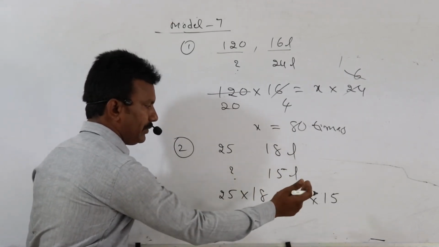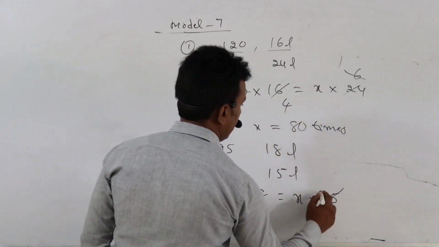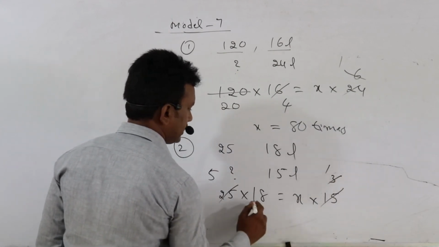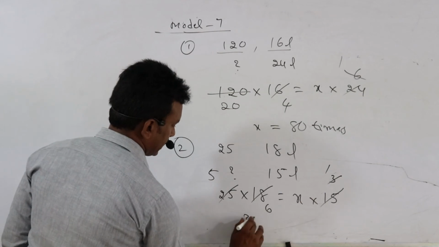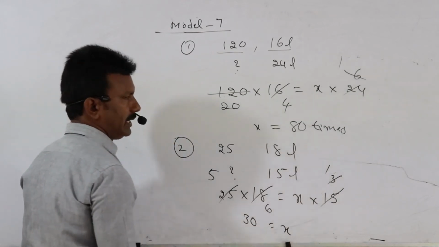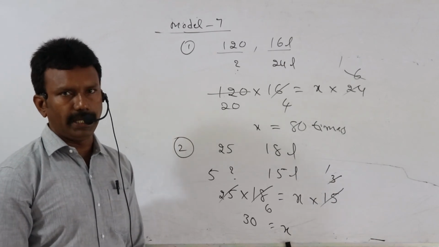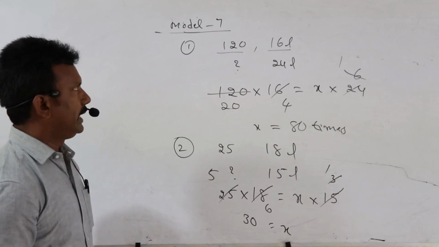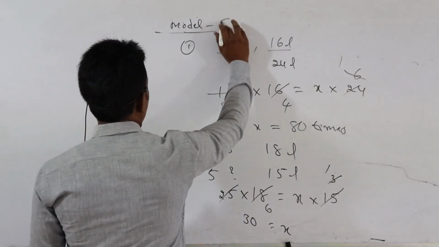Write the cancellations: 5 table will cancel, 5 threes, 5 fives, and 3 ones, 3 sixes. So 6 into 5, 30 times are required to fill the tank with the 15-liter bucket.